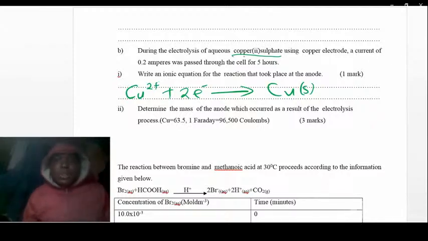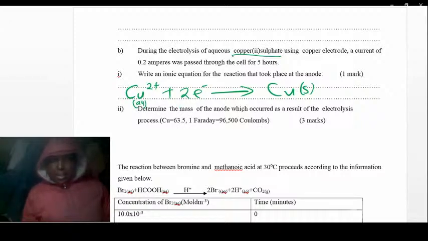Because it is in a solution, it is in ion form, so this one is aqueous. It will regain 2 electrons to form copper. This is reduction.